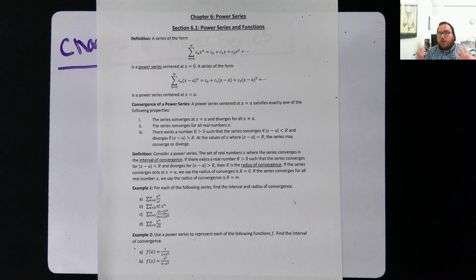So the first thing is I want to know when it converges. This is what we did previously. We had all those root tests, the ratio tests, all those tests. We are going to use those here to tell when a power series is going to converge.